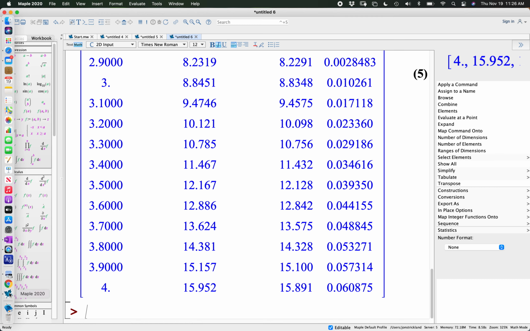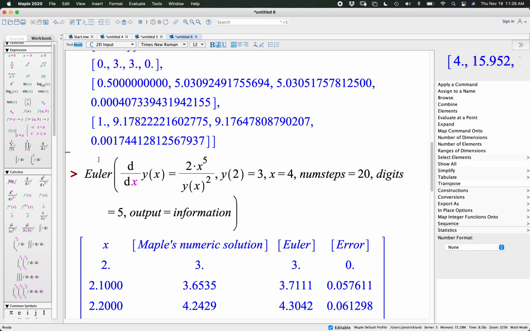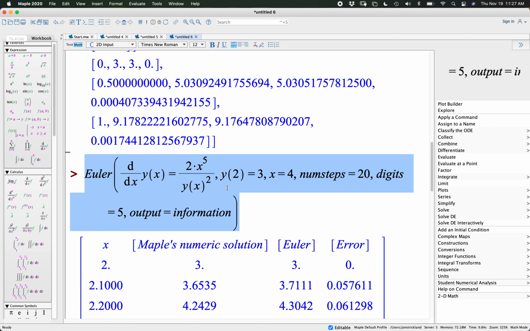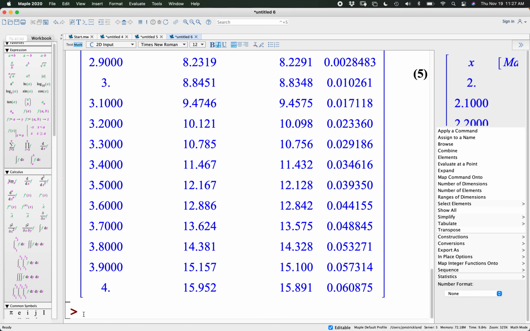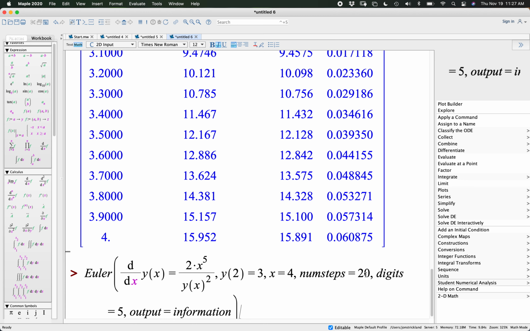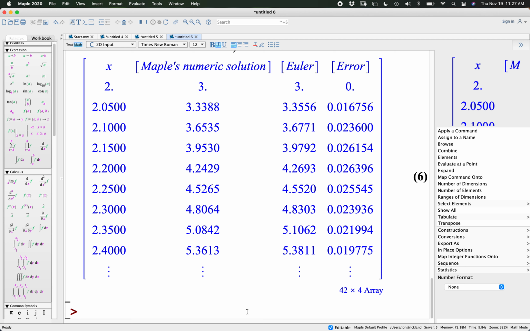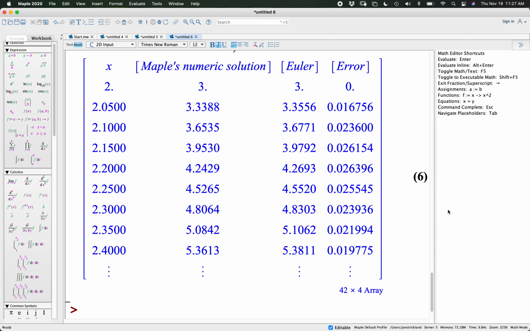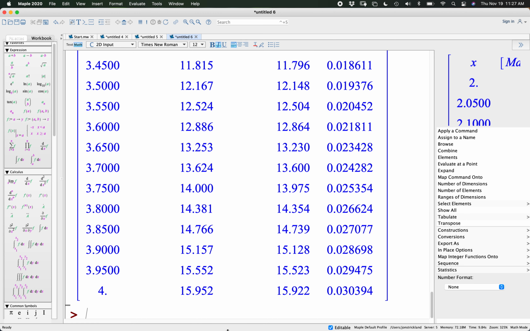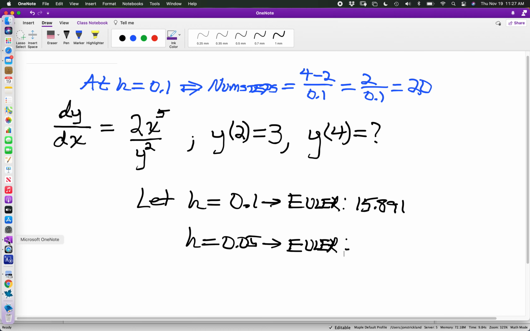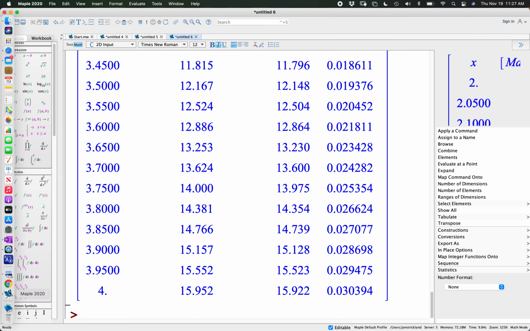So if I were to duplicate what I have in this command, same line of information, now the number of steps is going to be 40, and if I just go to show all, this time with Maple's answer you have 15.952 again, and with Euler with the step size at 0.05 you have 15.922, so you have a little bit smaller an error size. So in this one case you have 15.922.